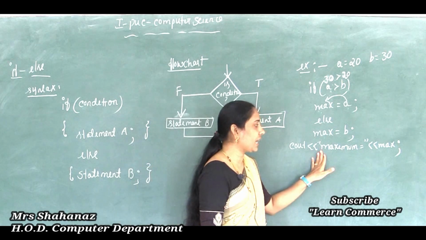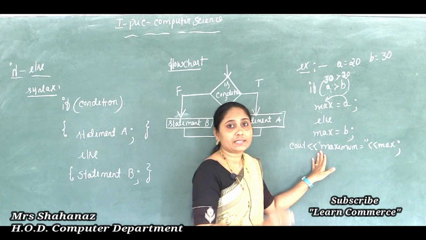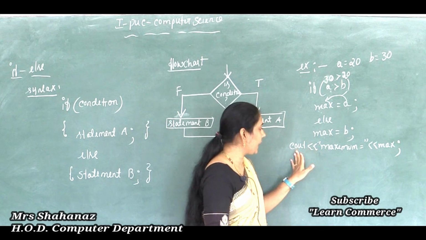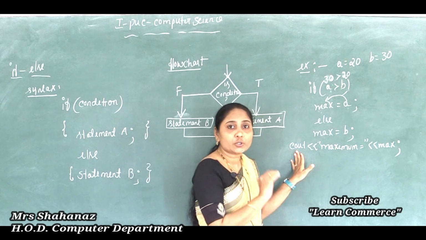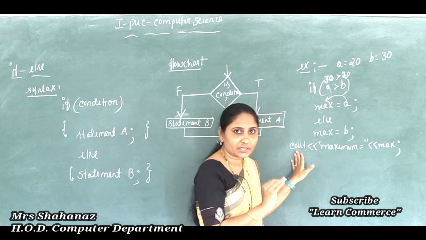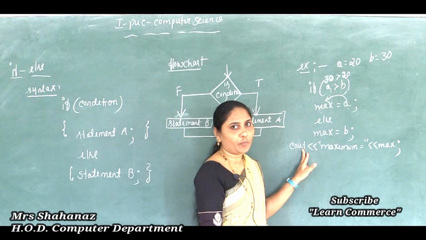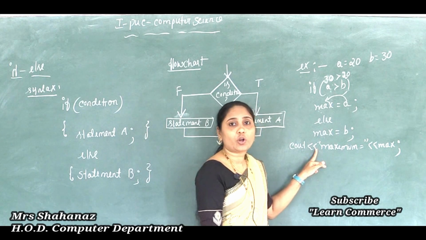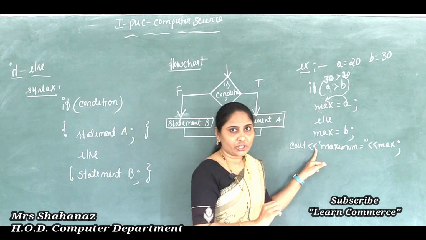And lastly I just want to display whichever is the largest, whichever is the maximum. So I am using one printout just to display the message on the screen. Cout, we know the full form of cout, console output here, and this operator is called the stream insertion operator.